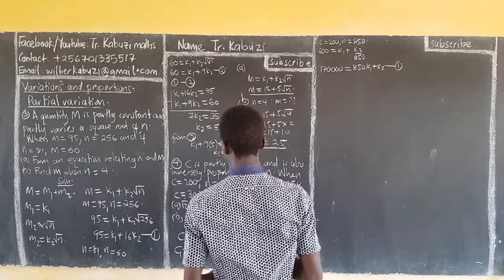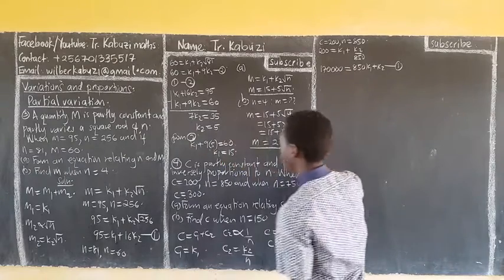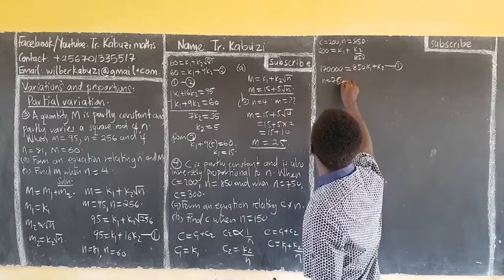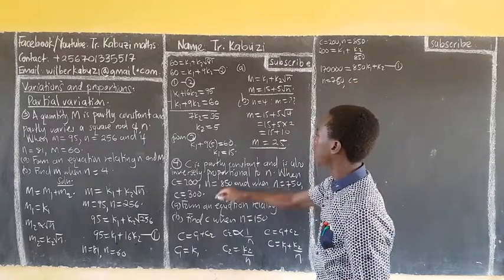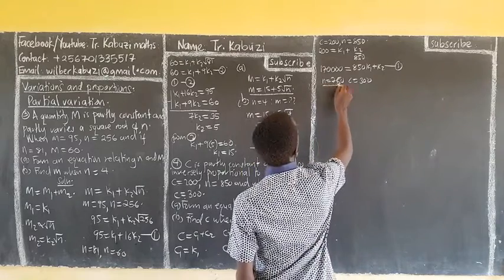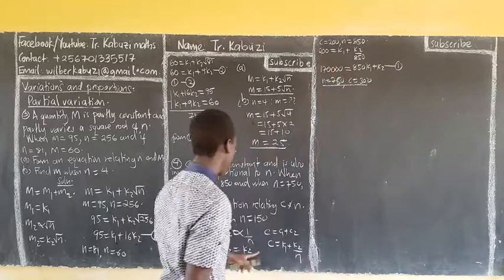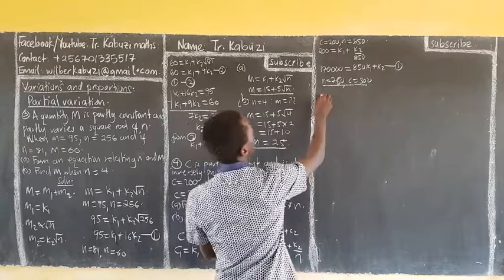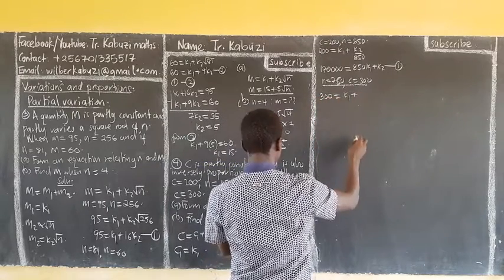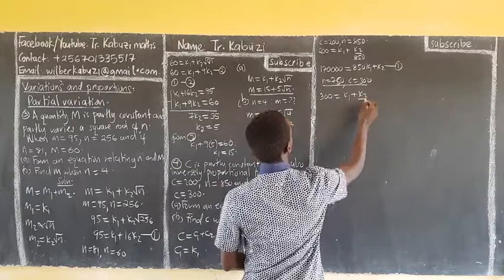In another equation, they are telling us that when n is 750, my C is 300. So from there, still you substitute in our equation. So my C will be 300 equal to K1 plus K2 over n.